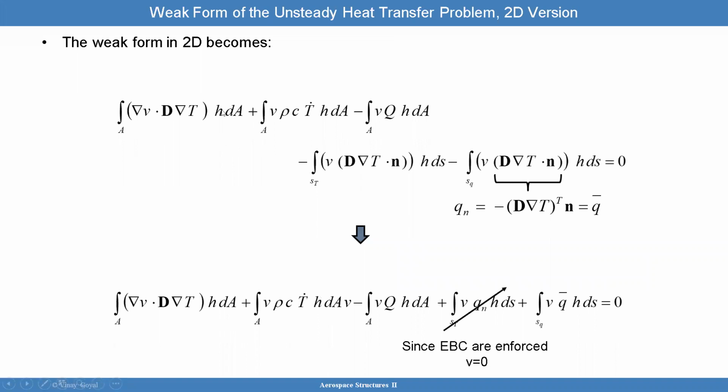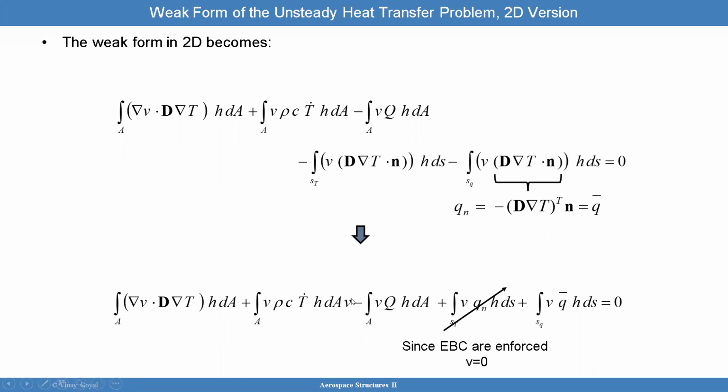I'm skipping some details because the bottom line is the same process as before, but I'm keeping this term now, since I have this time-dependent problem. If I had a steady state problem, this one goes away. But in our case, this stays here and has to be looked at carefully as we move through these derivations.